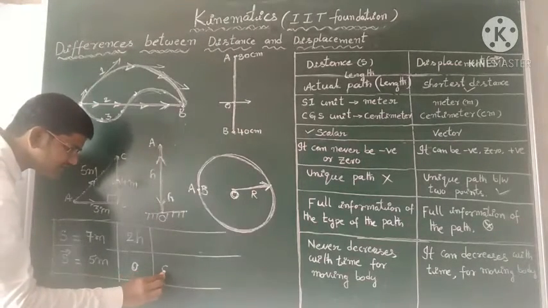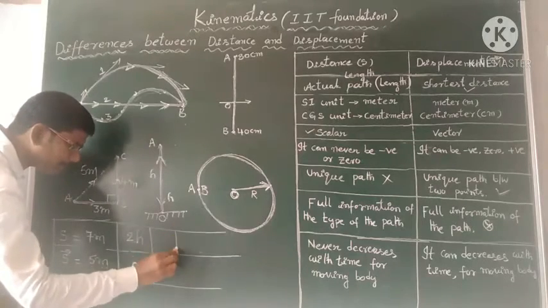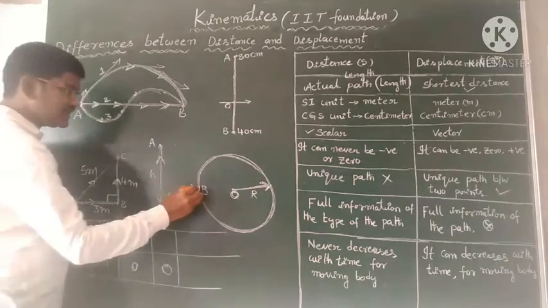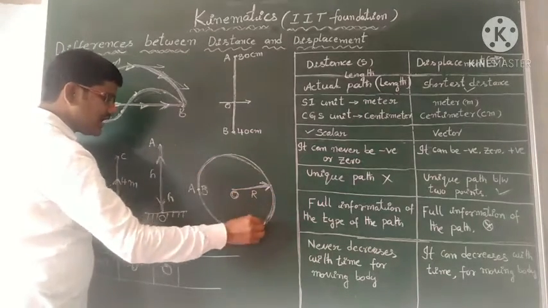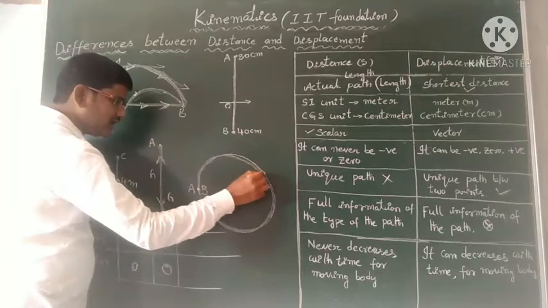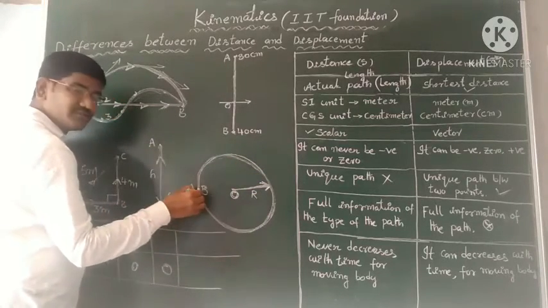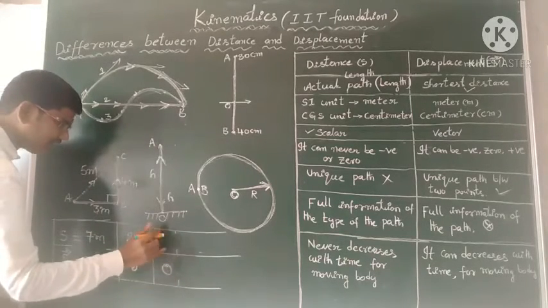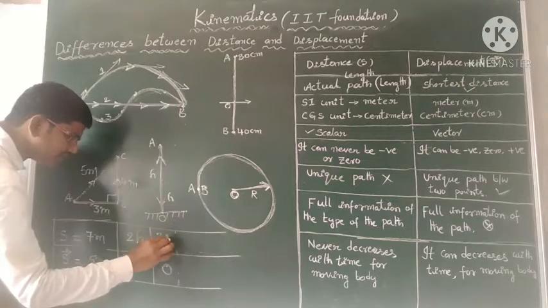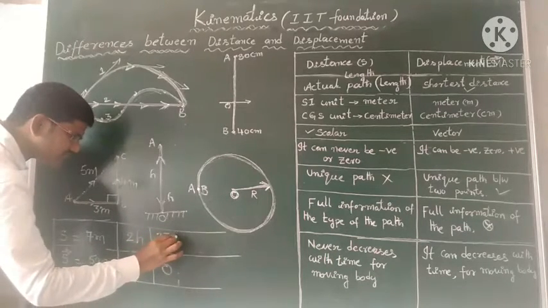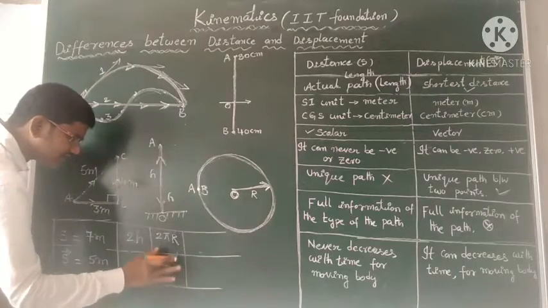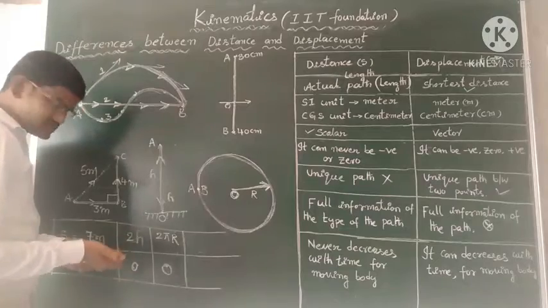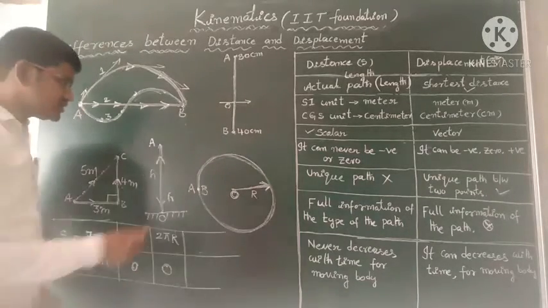Here also we say that displacement is 0. But the distance: it covered the total length of the circle, the circumference of the circle. So distance we will get 2 pi r, which is the circumference of the circle. We will write 2 pi r is the distance, and the displacement is 0.